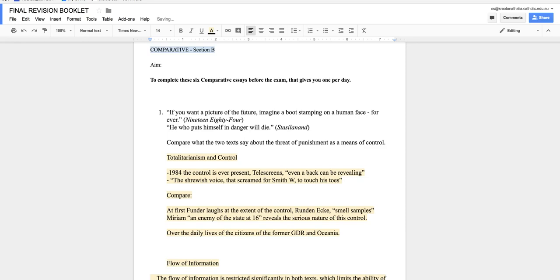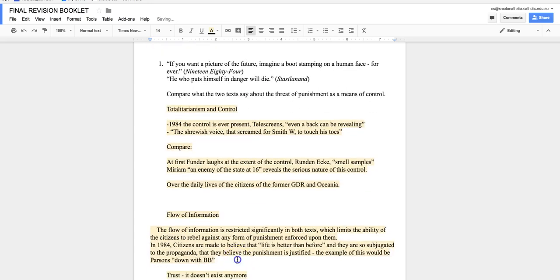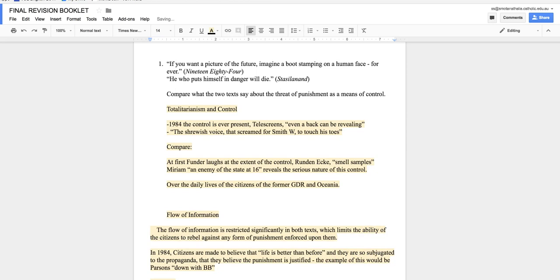The example of this would be Parsons, and he's down with Big Brother. I misspelled propaganda, I forgot the A there. Alright, if we then compare that to Stasiland, let me just go back, because that's topic sentence, more or less. It's a crappy one, don't use it.